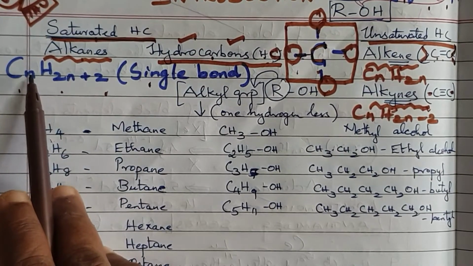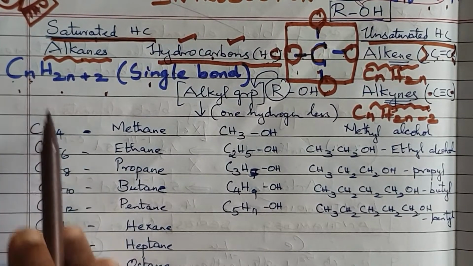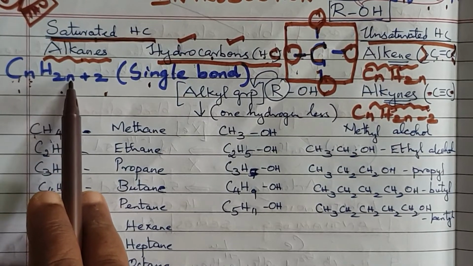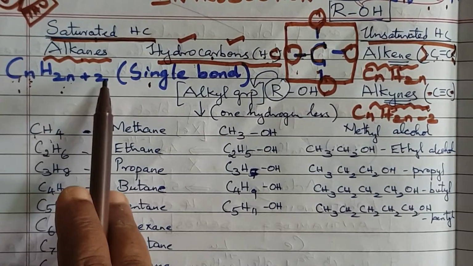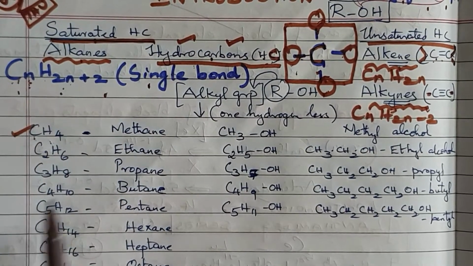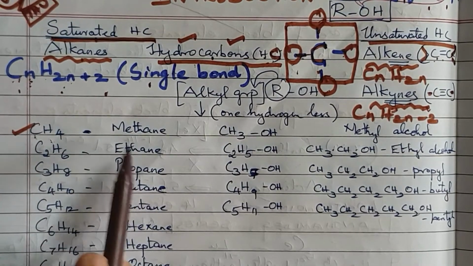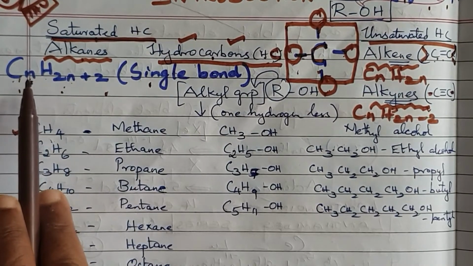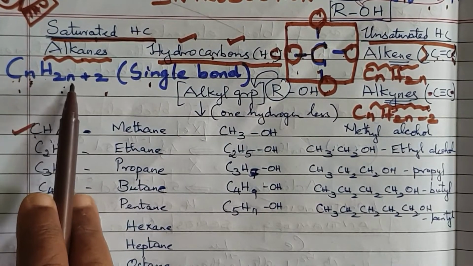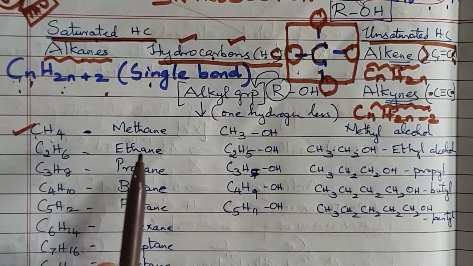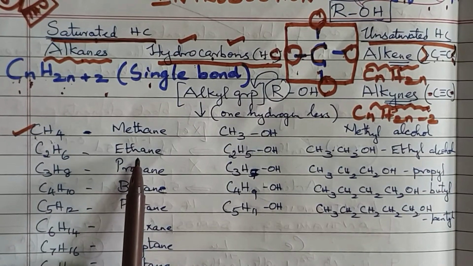If n, the number of carbon atoms, is 1, then C1H(2 into 1, 2, plus 2, 4), H4. So you get the formula of methane. For ethane, the carbon atoms are 2, so C2H(2 into 2, 4, plus 2, 6), H6. C2H6 is the formula for ethane.